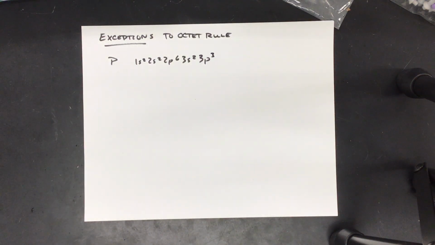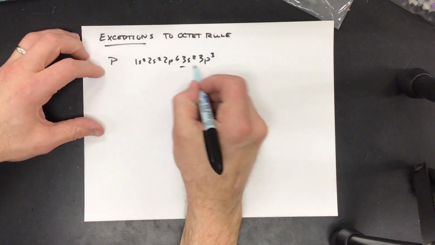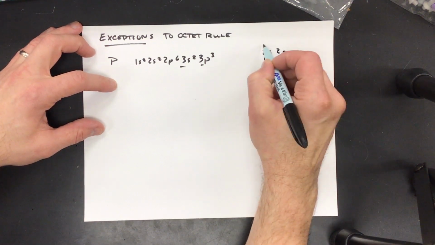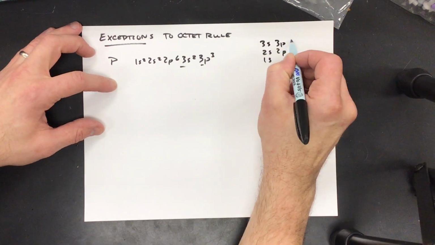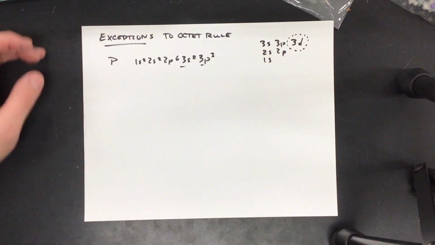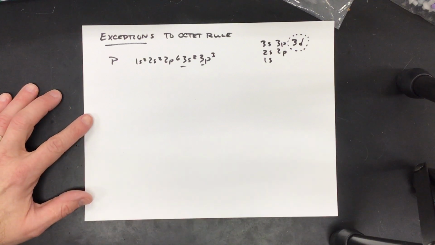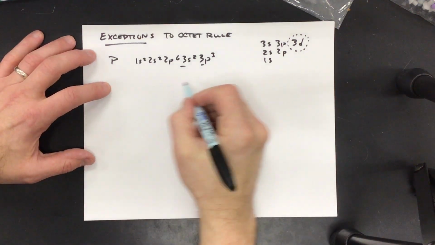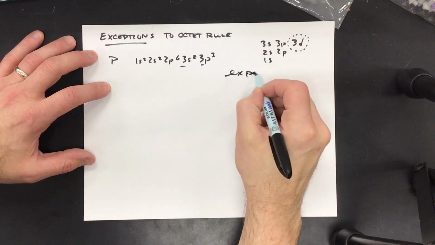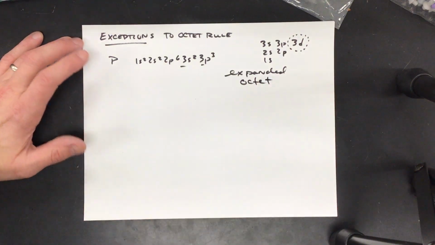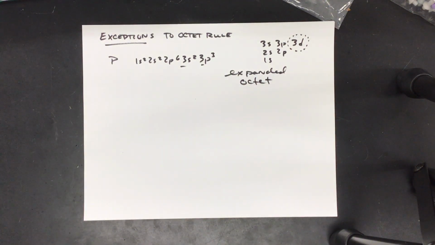Okay, remember that in the third energy level, if we did the order of filling, you would see that the d orbital starts to appear, right? That is the explanation as to why we can break the octet rule, because the d orbital can actually get involved. We call this an expanded octet. Expanded meaning bigger, meaning that we have more space for electrons than we ordinarily would.